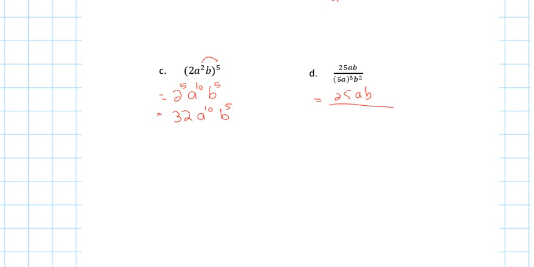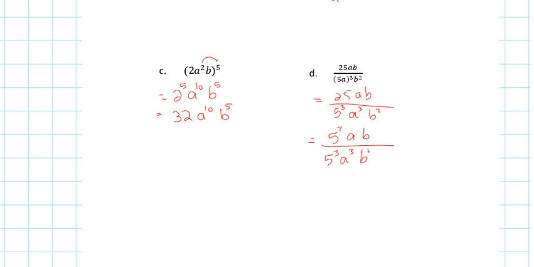So it's going to be 5 cubed, a cubed, b squared. Now, to make things a little different, instead of leaving it as 25, can I write it as 5 squared? Because then I have the same base. So 5 squared ab over 5 cubed a cubed b squared.